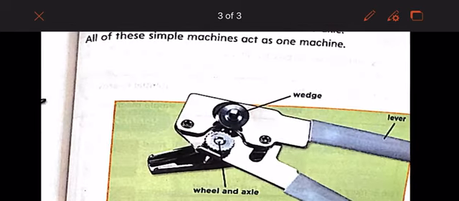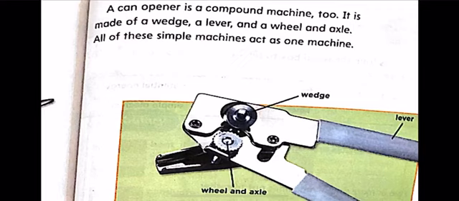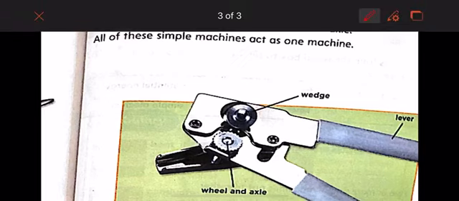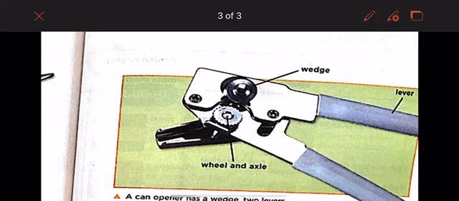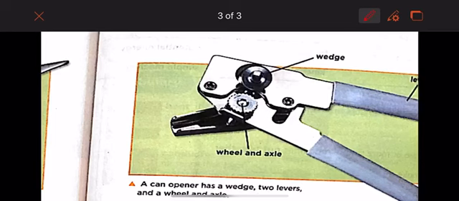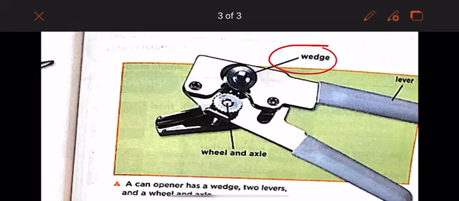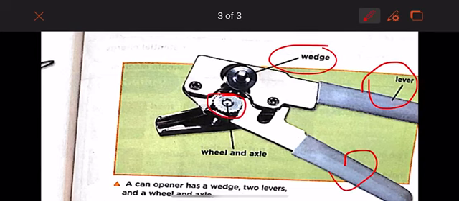Okay, let's move on. A can opener is a compound machine. This is a can opener. A can opener is also a compound machine. How? It is made of a wedge, two levers, and a wheel and axle.